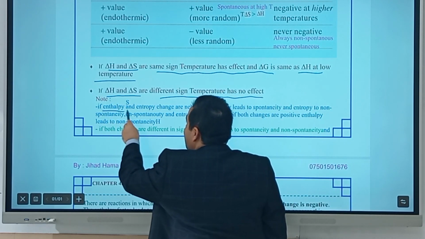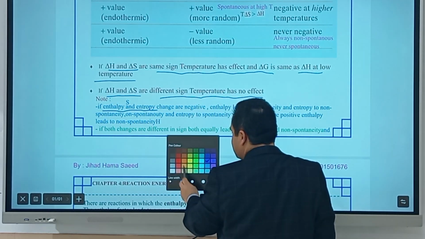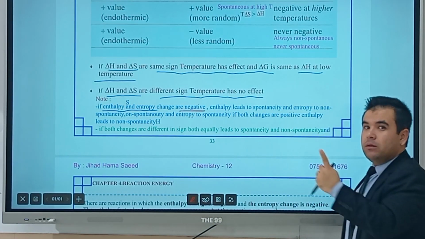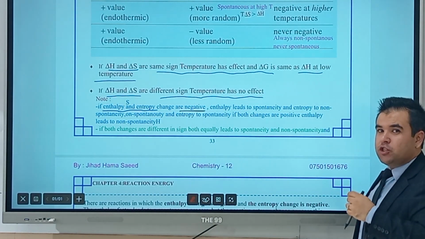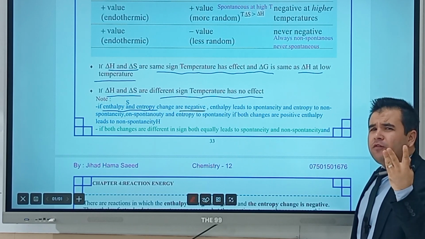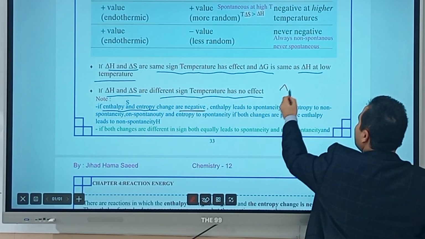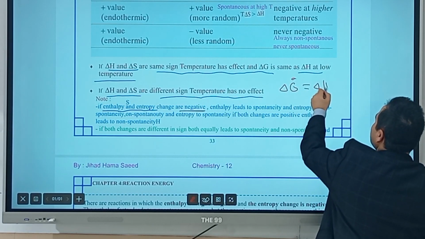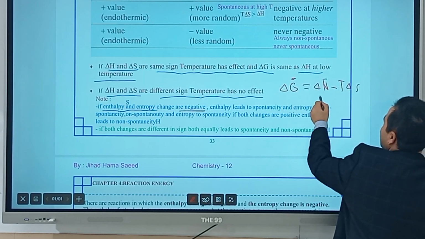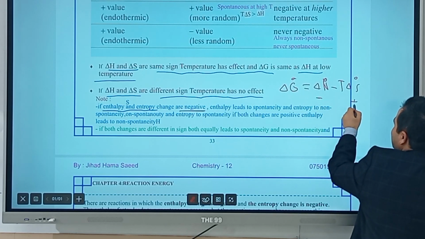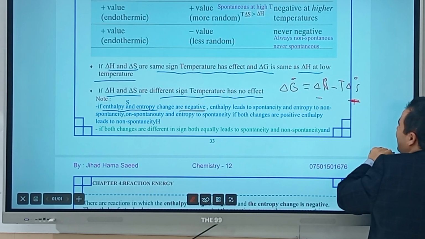If enthalpy and entropy changes, guys, are both negative, enthalpy change negative, entropy change negative, according to which of them can we say it's spontaneous? Delta G is equal to delta H minus T delta S. Negative and positive, negative and negative.